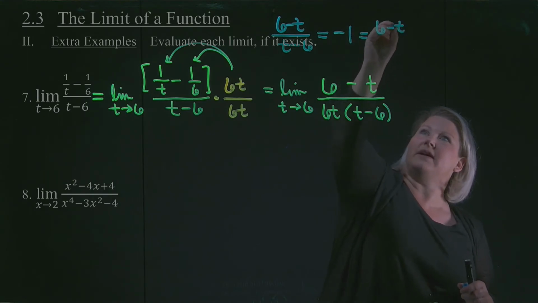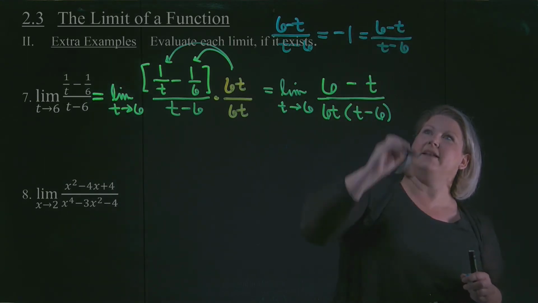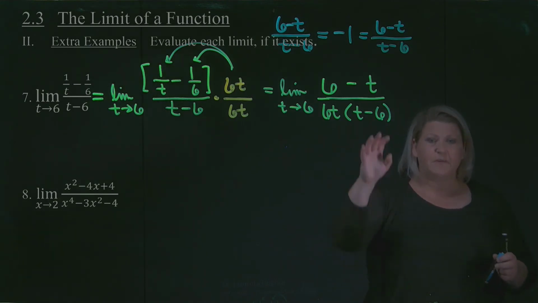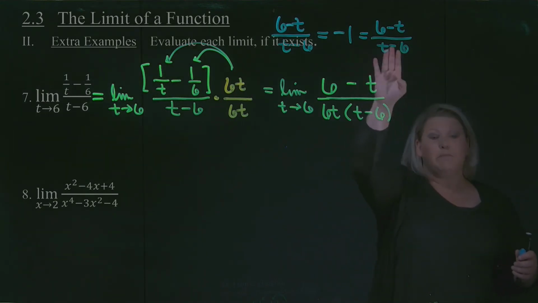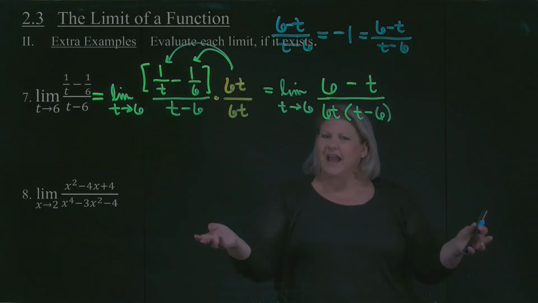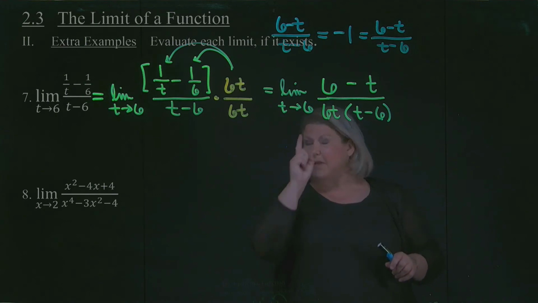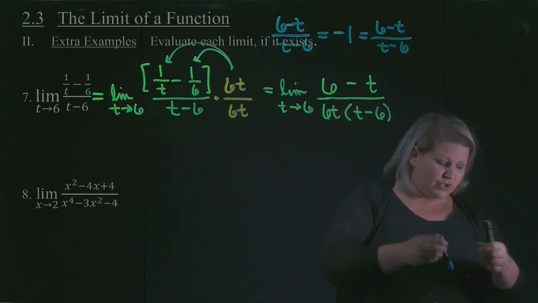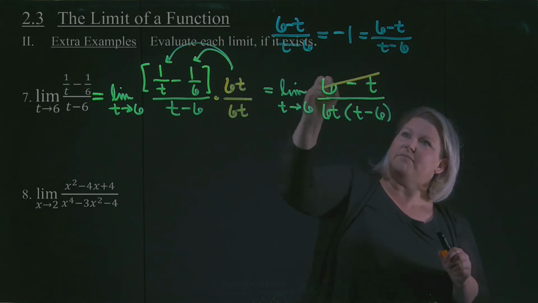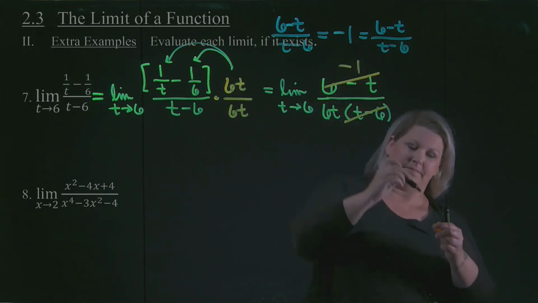So let me just rewrite that over here. Sorry, my bad. So if it was addition, if it was 6 plus t over t plus 6, it would cancel with 1, no problem. But this is subtraction. They're not quite the same. They're opposites of each other. So this thing is going to cancel, but it's going to leave behind a -1.